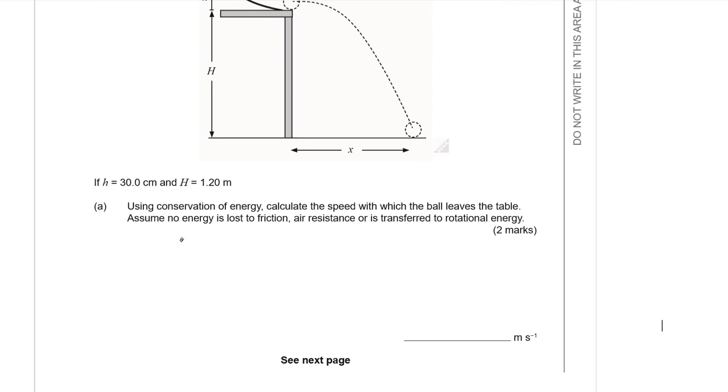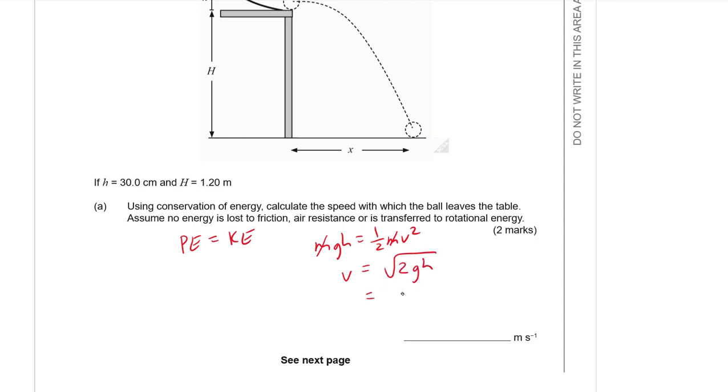So you know that the potential energy at the top of the ramp is going to be equal to the kinetic energy at the bottom of the ramp. So you can say that mgh is going to be equal to 1/2 mv squared. Immediately you notice that the masses will cancel out, and you want to solve for the velocity. So you've got v is equal to square root of 2gh.